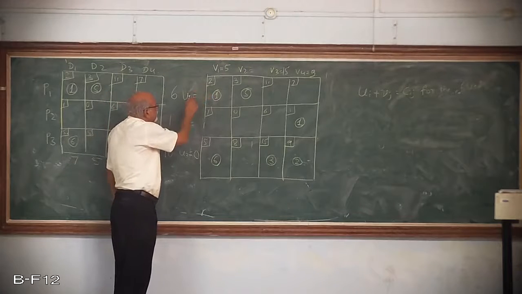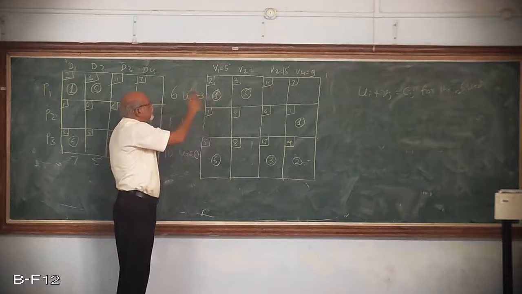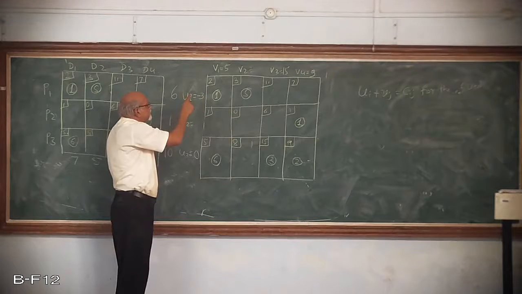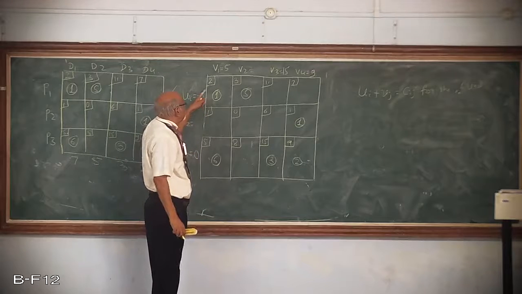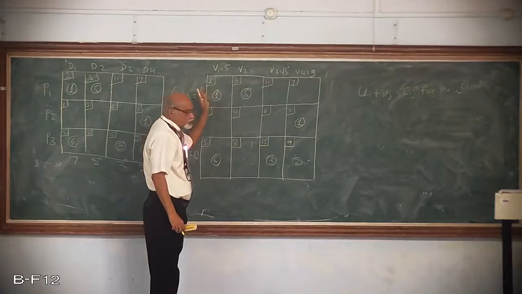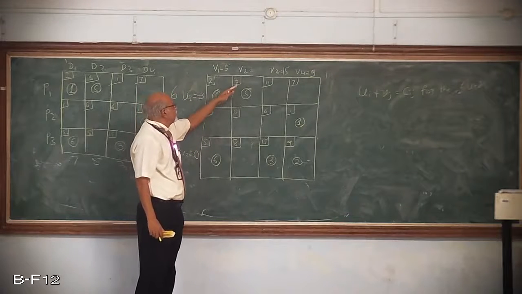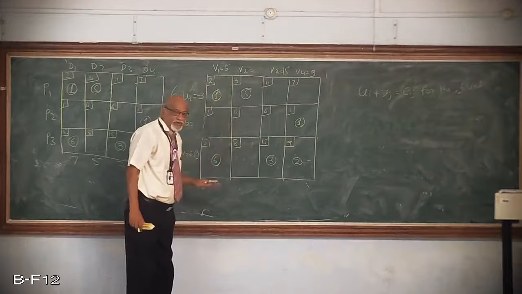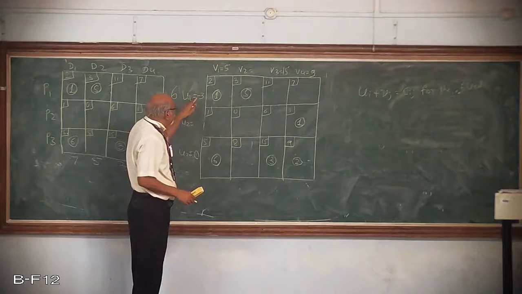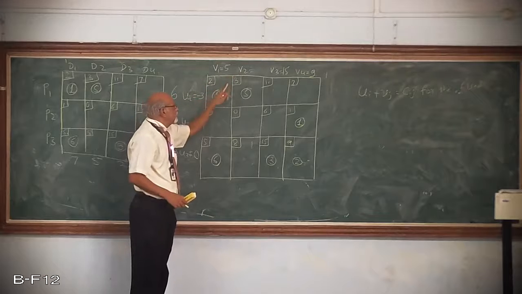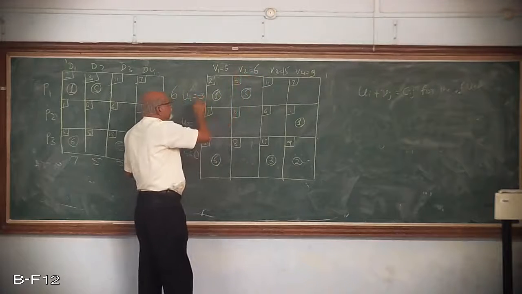That means U1 has to be 2 minus 5, which is minus 3, because 5 minus 3 is 2. Having found this, it becomes easier to find V2. Minus 3 plus V2 should be equal to 3, so V2 has to be 6. So 6 minus 3 is equal to 3.